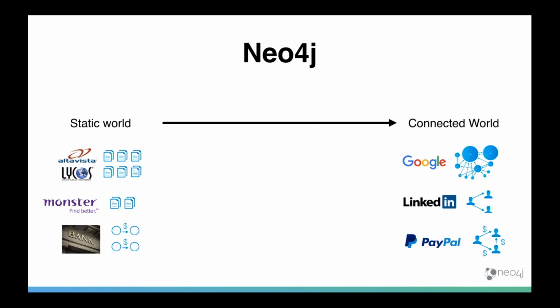What, for example, AltaVista did to become the most popular search engine was that they created the best indexes over web pages. And then came Google, and they didn't become the de facto search engine by building bigger and more comprehensive indexes over web pages, but instead they decided to model the internet as a graph.